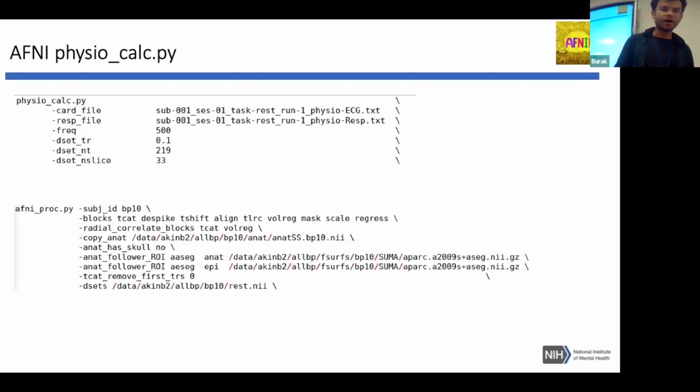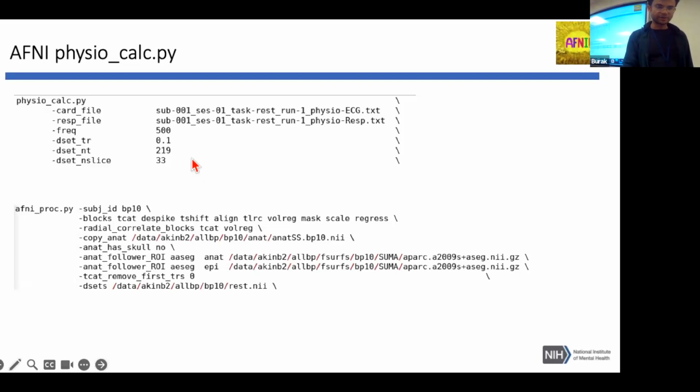Then you give some other information, like how fast you measure your image and how many volumes you have. If your measurement is sequential, say starting from the bottom all the way up, or interleaved up and down, it wants to know that, because it corrects for that as the physiological signal propagates too.